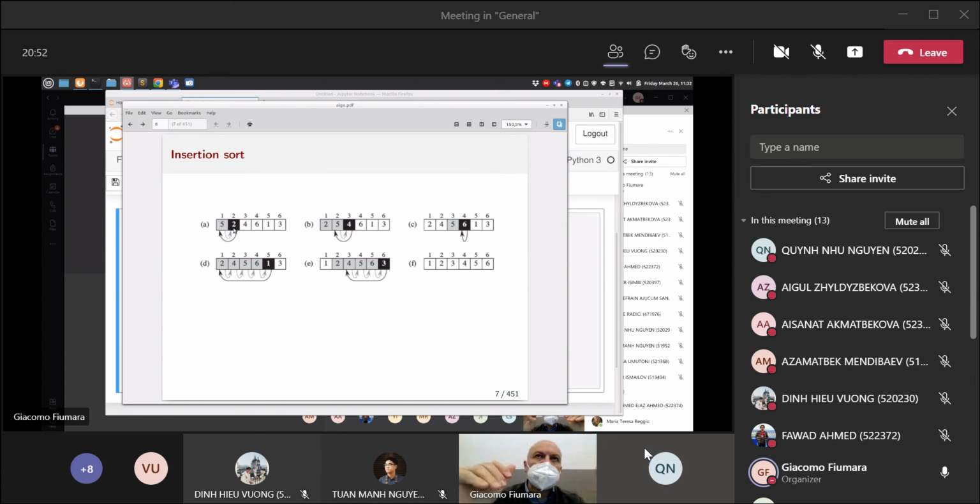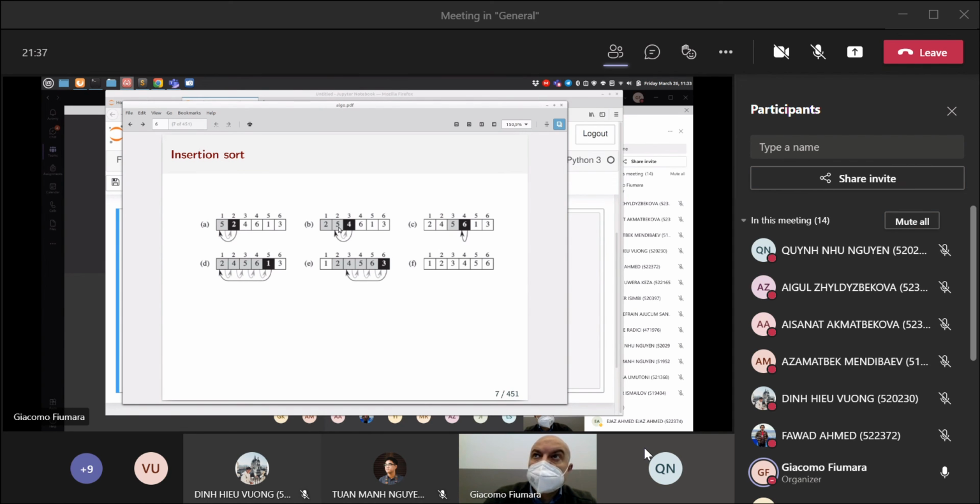Otherwise, we swap their positions, so that position 2 will be occupied by the larger number of the two. In this example, we have 5 in position 1 and 2 in position 2. Of course, 2 is smaller than 5, and therefore we swap their positions. So in configuration B, we can see that in position 1 we have 2, and in position 2 we have 5.